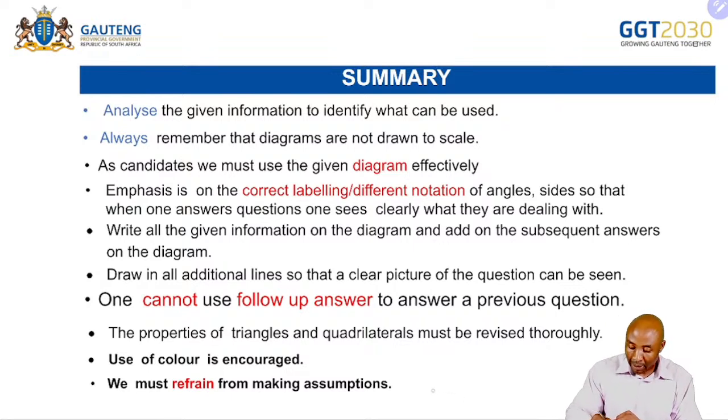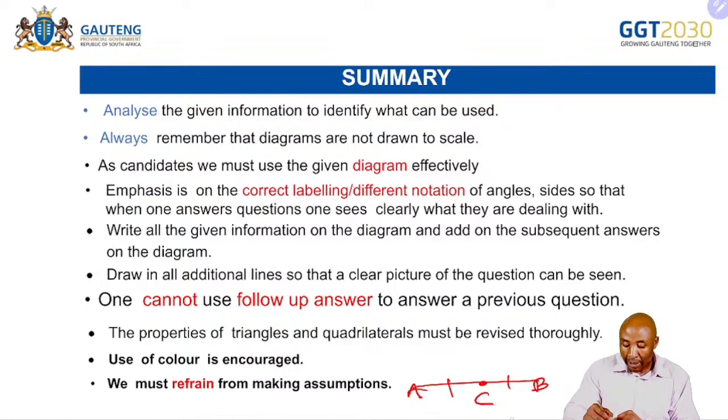For example, we know that if it's a midpoint, they will give us and show us that AC is equal on a diagram. But if this information is not indicated, we cannot just assume that point C is a midpoint if there are no lines to indicate, or if the statement is not stating that C is a midpoint.